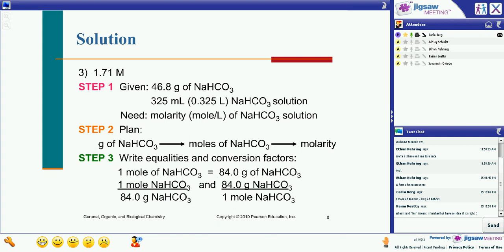Here are steps 1, 2, and 3. Step 1, you probably all got without any problem. You wrote your given. You were given 46.8 grams of NaHCO3. And you also knew that we have 325 milliliters, which is the same as 0.325 liters of NaHCO3.